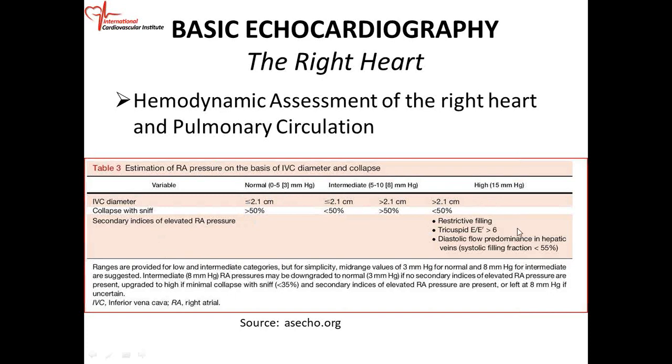So you have to memorize this table. You have to know this table, okay? Because this is what we use in everyday life, because we have to assess the RV systolic pressure or the PA systolic pressure. So you have to know this, okay? All right.